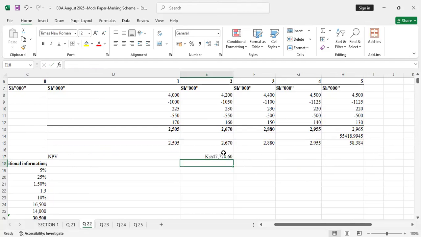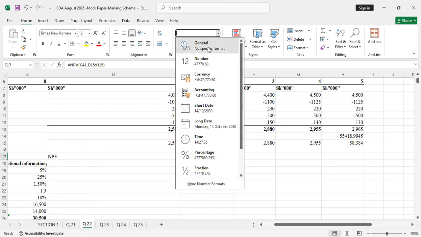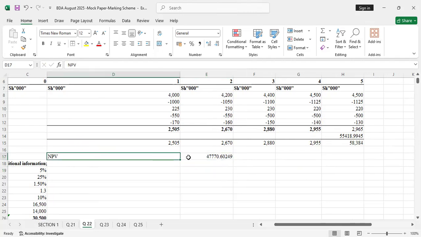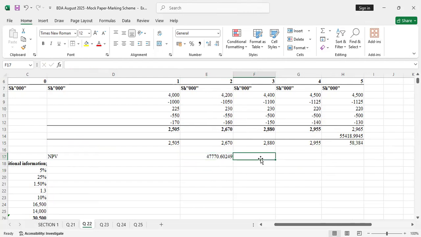Then you enter. So our enterprise value is giving me, let me change that currency to general, 47,770.6249 as our enterprise value. So enterprise value simply means the NPV. That's our enterprise value.